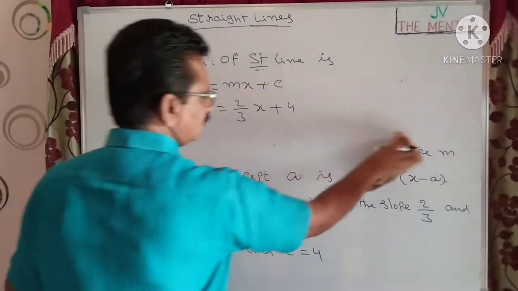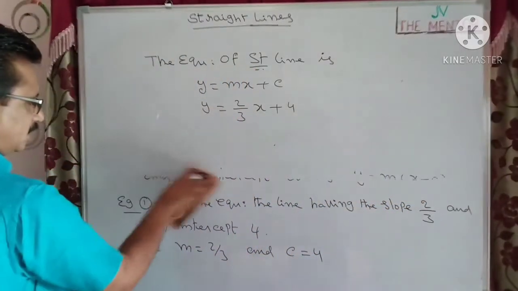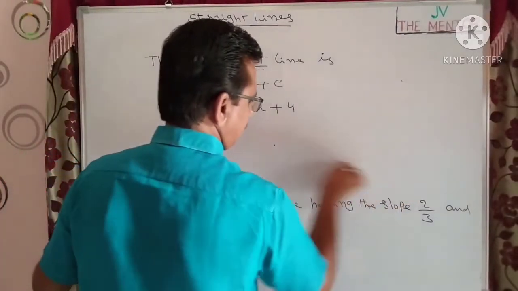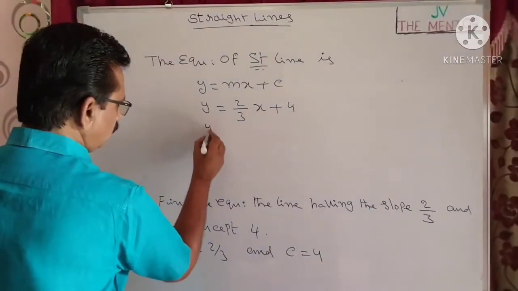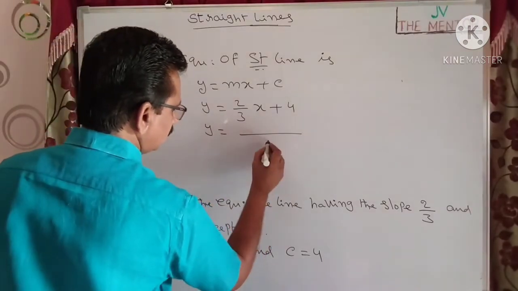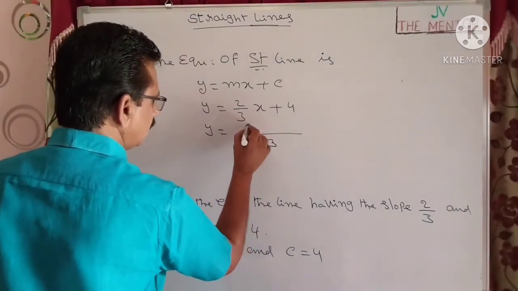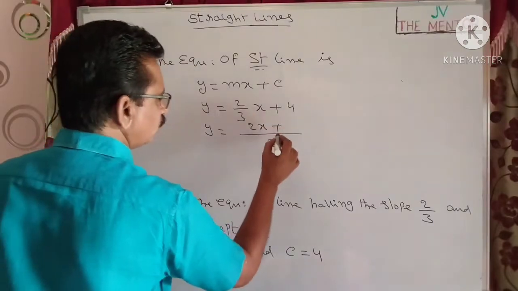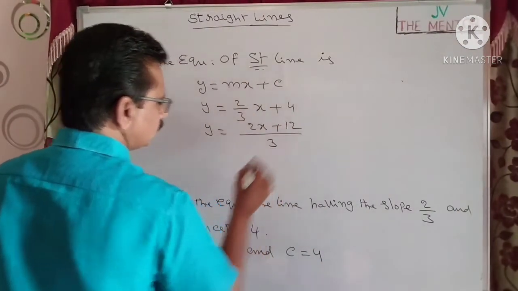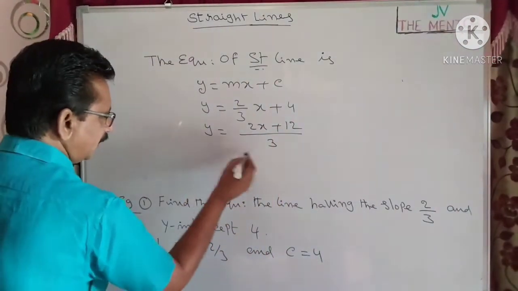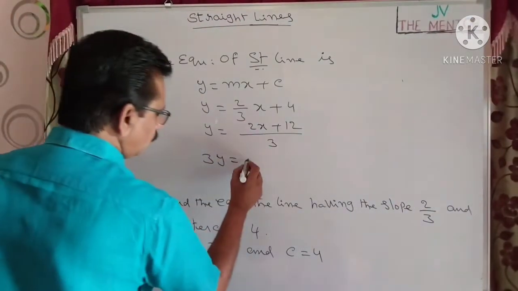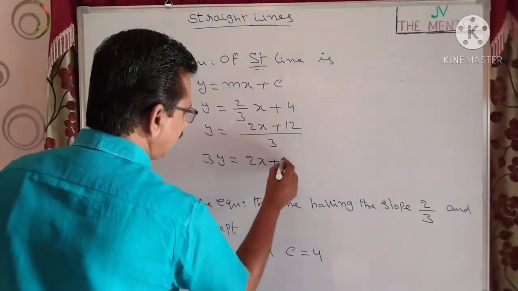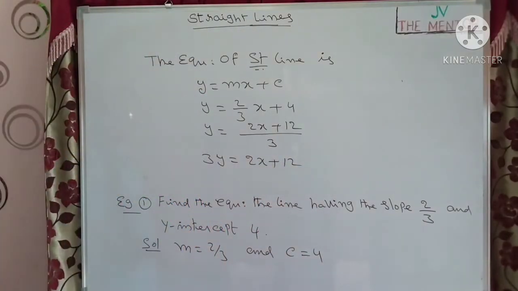Now taking LCM in RHS, y equal to, the LCM is 3, so 2x plus 3 into 4, 12, cross multiplication, 3y equal to 2x plus 12.